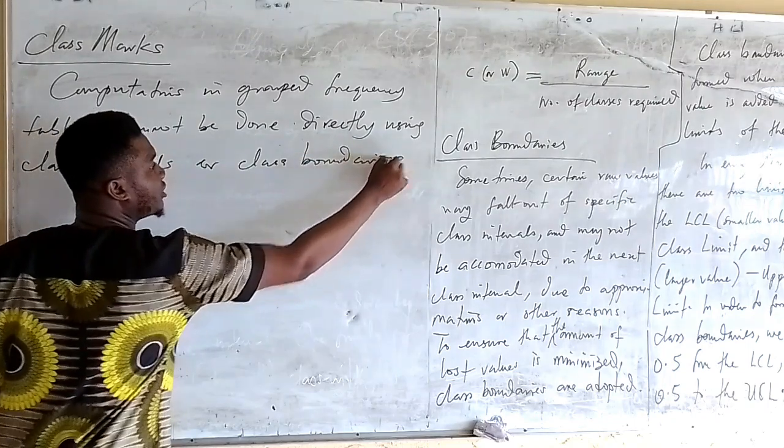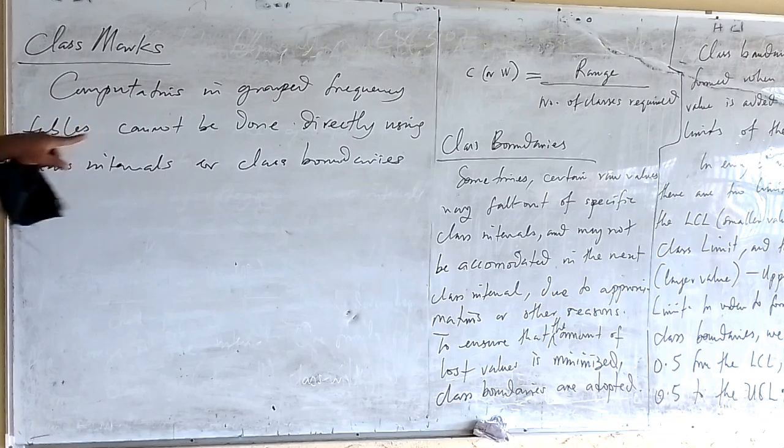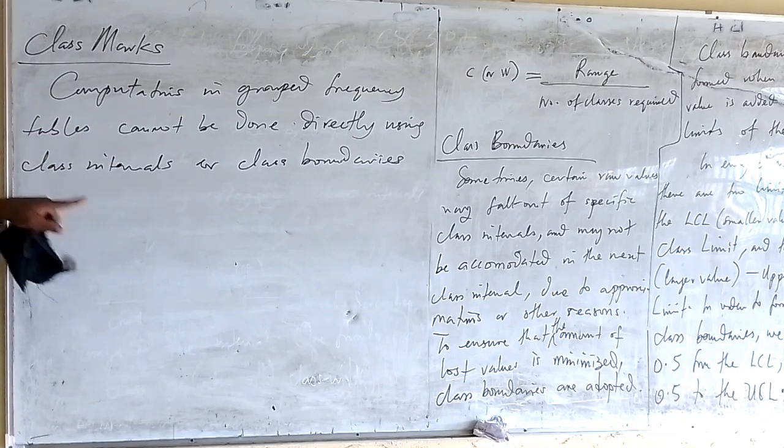Please, all these we are writing, I'm going to explain all of them. You just need to have an idea of what we are doing. Is it clear? They are not useless. So if you want to carry out computations in group frequency tables, you won't be able to use class intervals. Neither will you be able to use class boundaries. So what then do we use? Computations in group frequency tables cannot be done directly using class intervals or class boundaries.